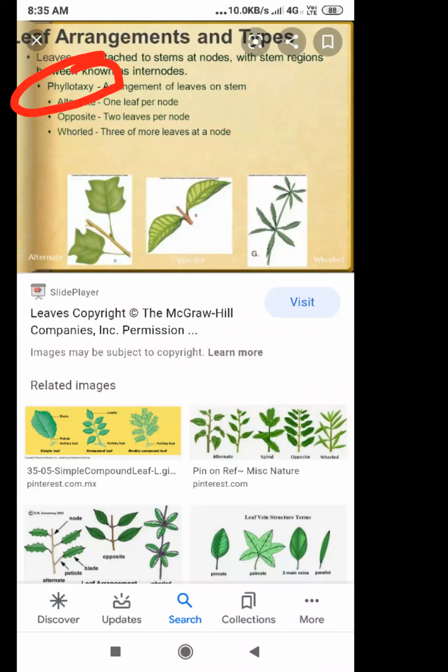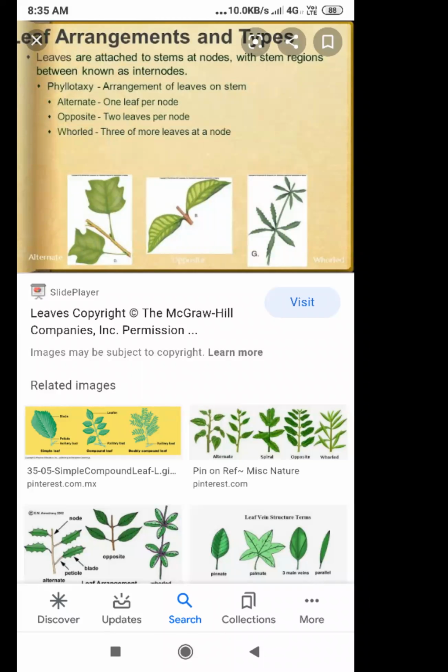We have three kinds of leaf arrangements. One is alternate phyllotaxy. If one leaf is present at a node in an alternate manner, like the days Monday, Wednesday, giving a gap in between one by one, then it is called alternate phyllotaxy.